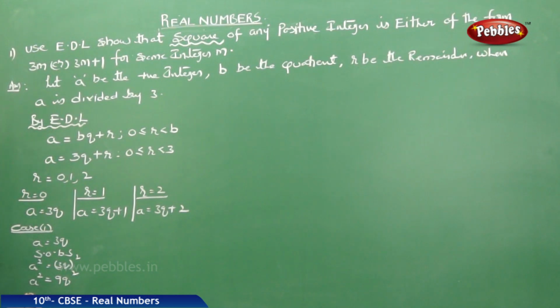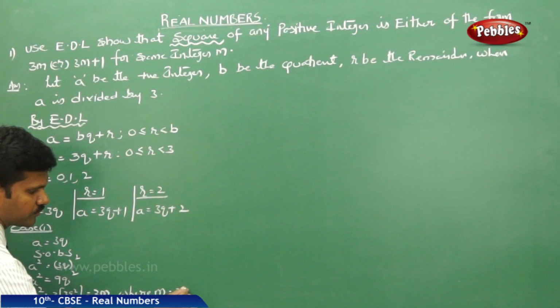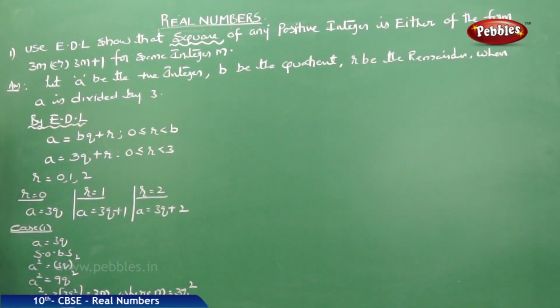That is, a square is equal to, I can write this as 3 into 3q square, which is nothing but 3 into m, where m is equal to 3q square. Here I can see the square of any number is of the form 3m, where m is some integer.